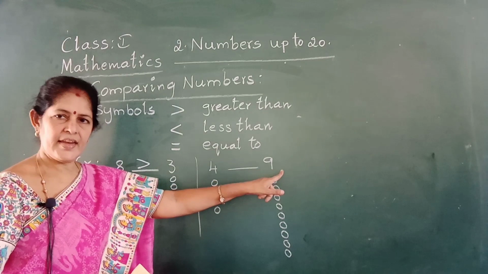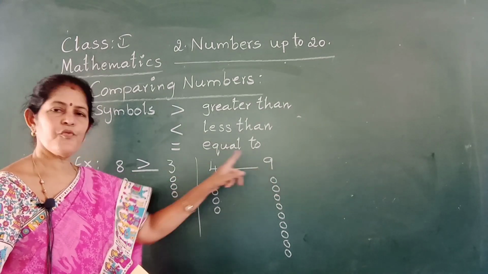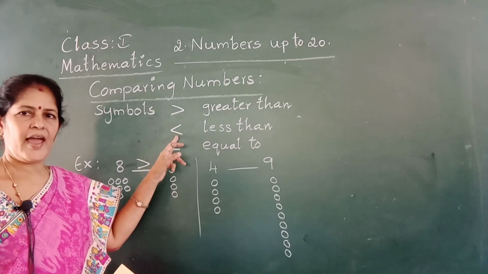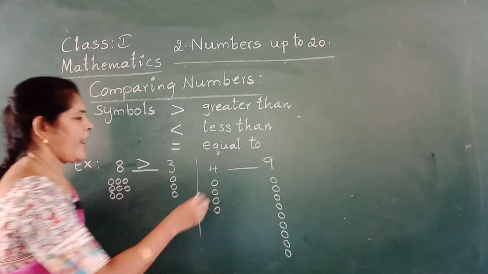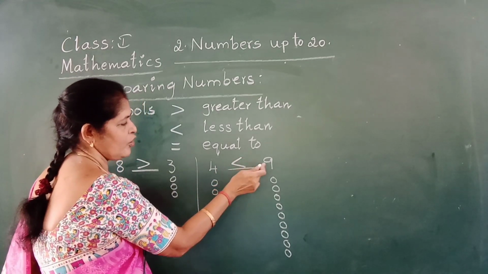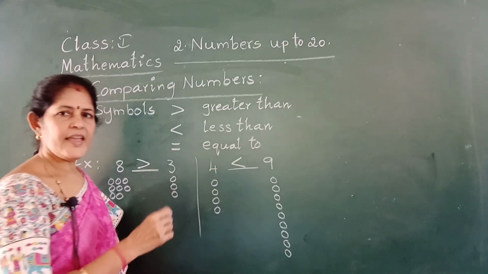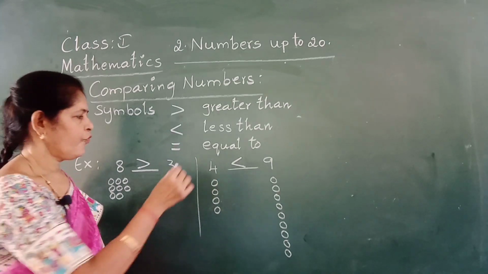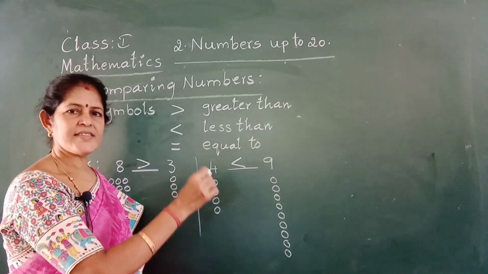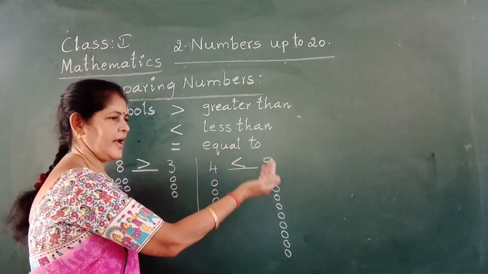That means 9 is big, 4 is small. 4 is small, that's why we put the symbol less than. See, open side shows the big number. How to read it? 4 is less than 9. That means 4 is the small number, 9 is the big number.